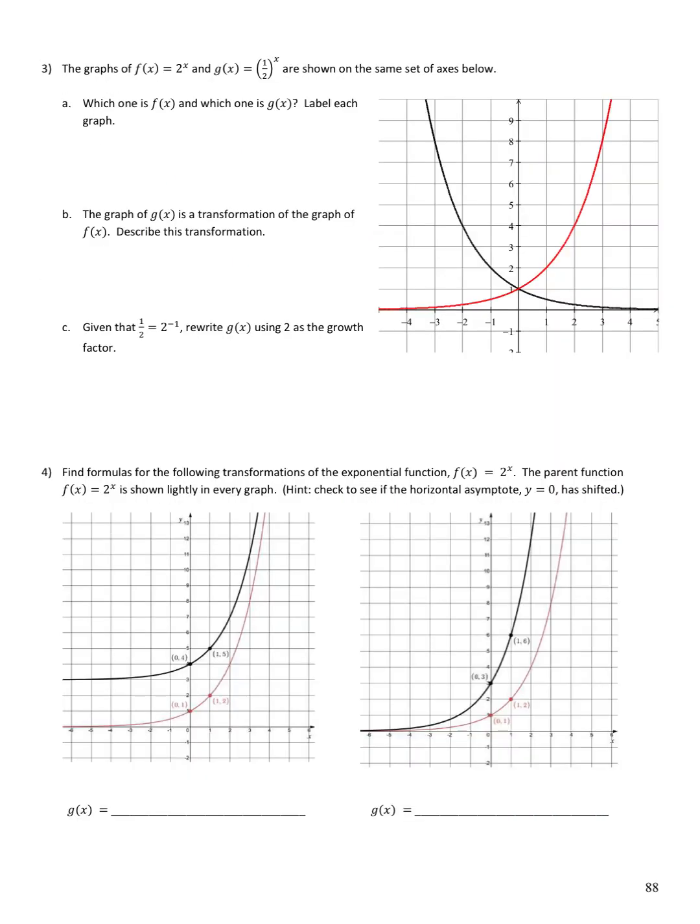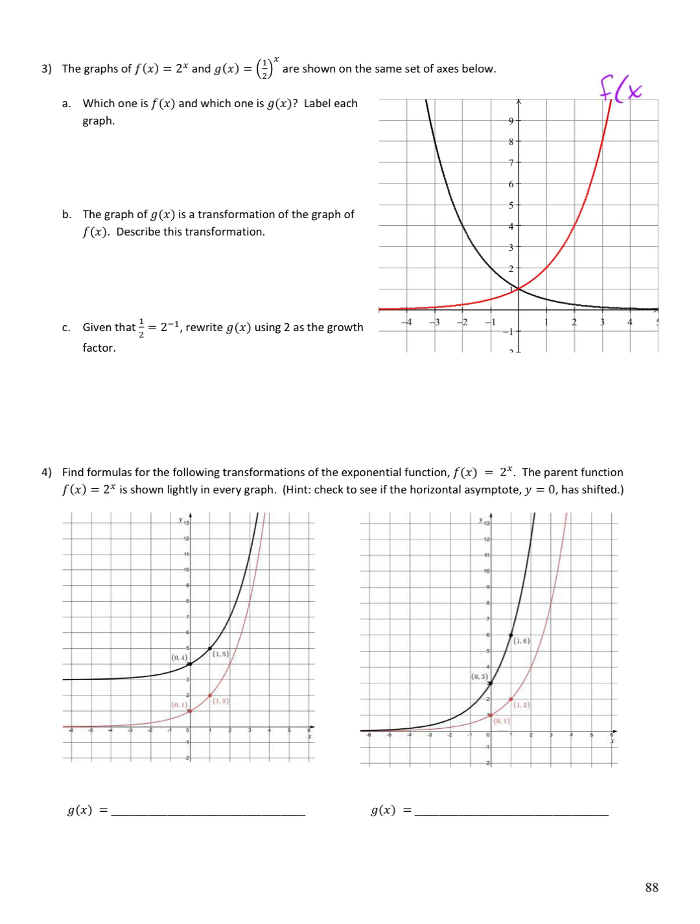Okay, so we just graphed 2 to the x and 1/2 to the x by hand. If you put them on the same coordinate plane, it looks like they are reflections of each other over the y-axis. So first, let's label which one is f and which one is g. We know this because we just did them by hand.